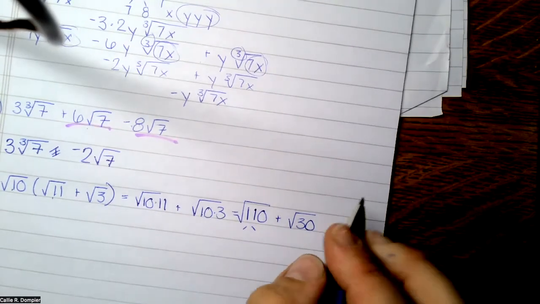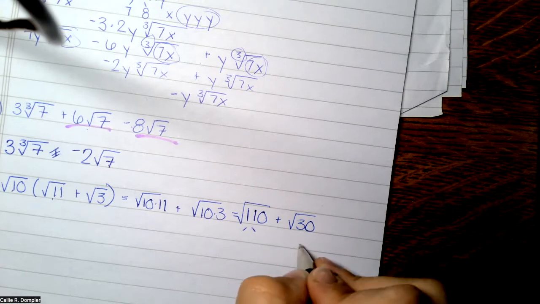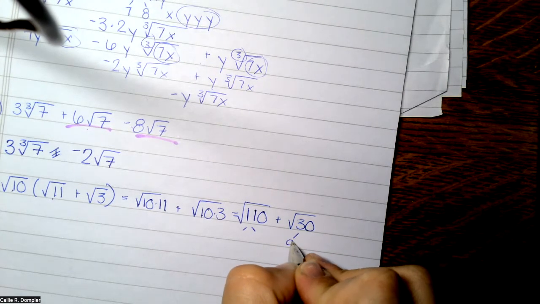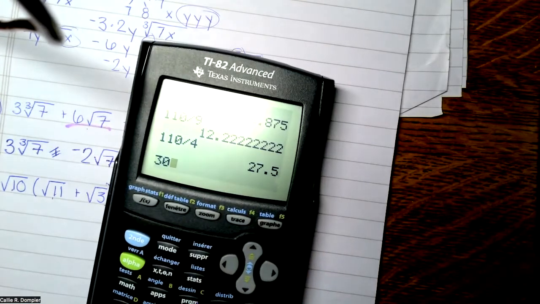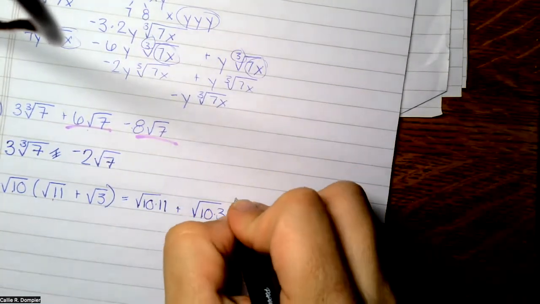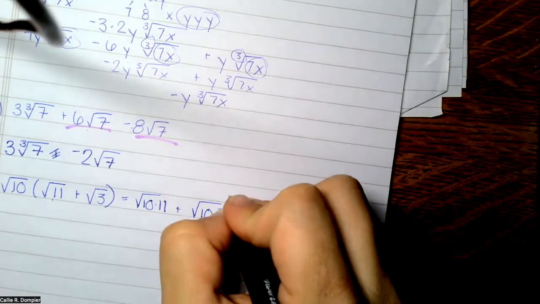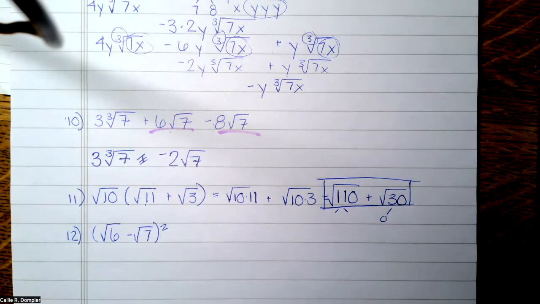And then the square root of 30, I can divide it by 9. Cannot divide it by 9. Divided by 3. 30 divided by 4, no. Divided by 9, no. Divided by 16, no. Divided by 25, no. So those are both prime, so we're done. Square root of 110 and the square root of 30 for number 11.